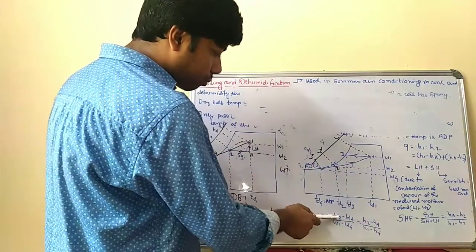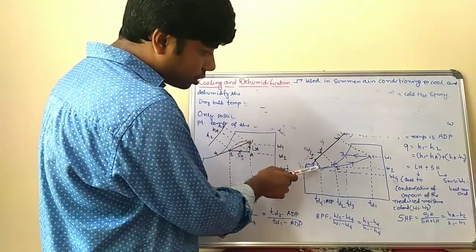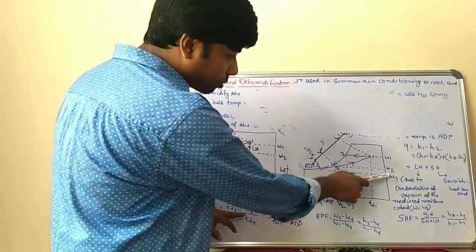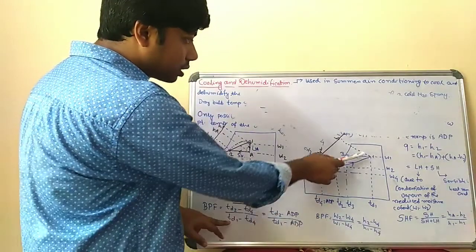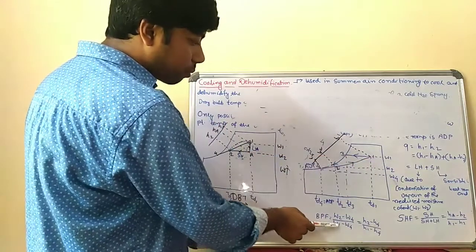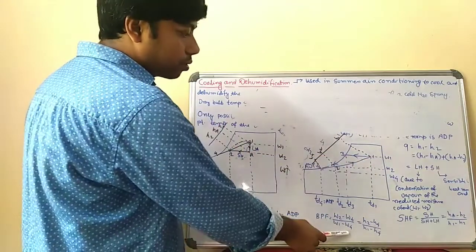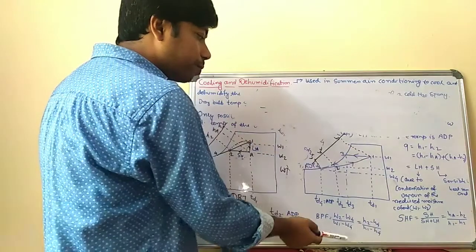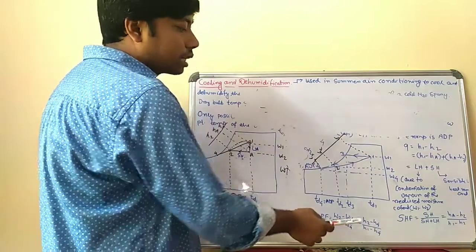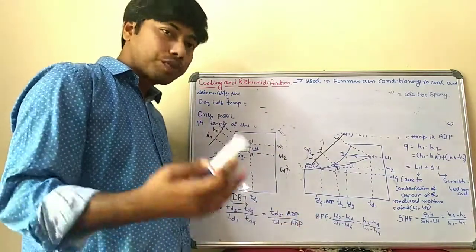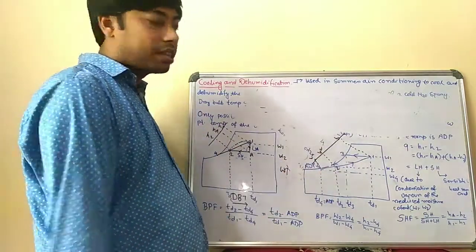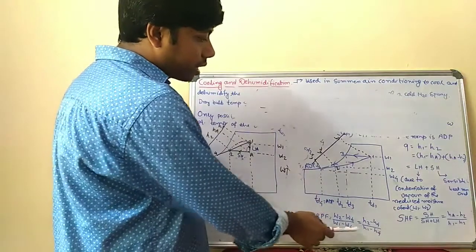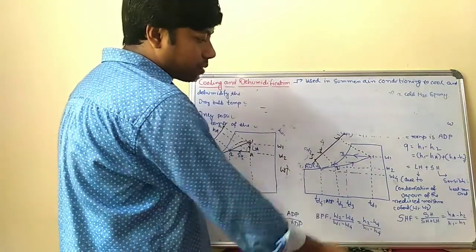This is TD1, the 1 point, with corresponding specific humidity W1, and TD4 with corresponding specific humidity W4. You can also calculate the bypass factor in terms of enthalpy from the psychrometric chart, that is H2 minus H4 divided by H1 minus H4.